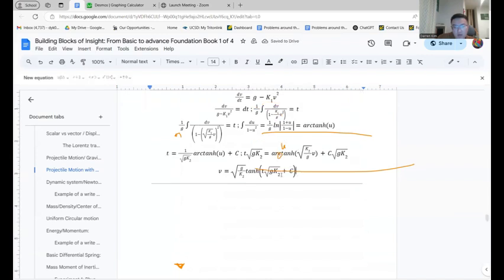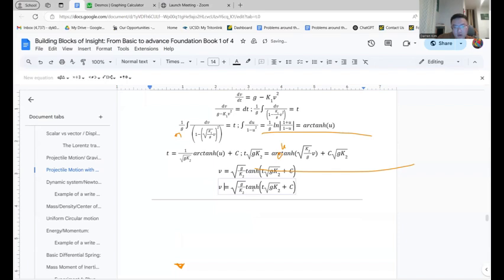I believe the integral of this is, if I remember correctly, ln cosh plus C1. Just going off from memory now.